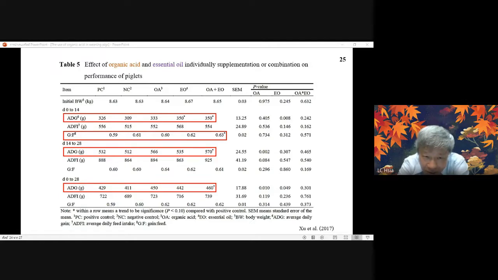You cannot compare organic acid with essential oil. You compare essential oil and organic acid with the negative control, and all their performance is better than the negative control. So they have their value to add into the diets. But unfortunately, experiments are cruel.